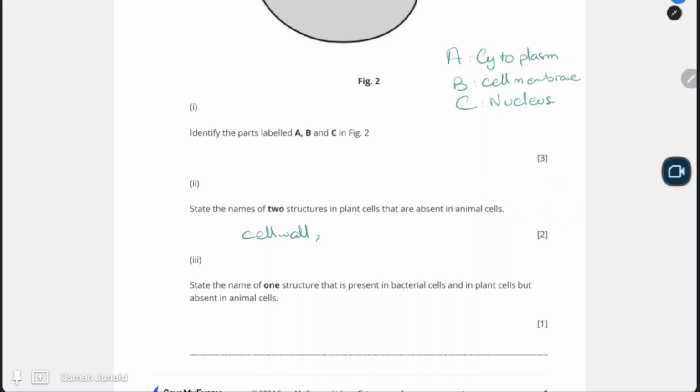When we're talking about structures that are present in plant cells and not in animal cells, we're talking about cell wall and two other things. What is something special about plant cells that is not found in animal cells? What can they do relevant to the form of nutrition?